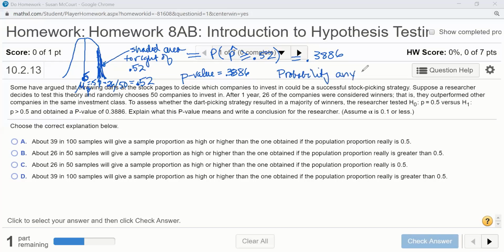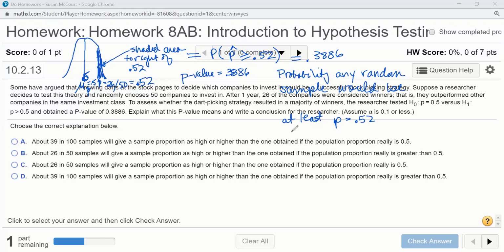any random sample would be at least p hat equals 0.52, which is not very random. It happens more than a third of the time.